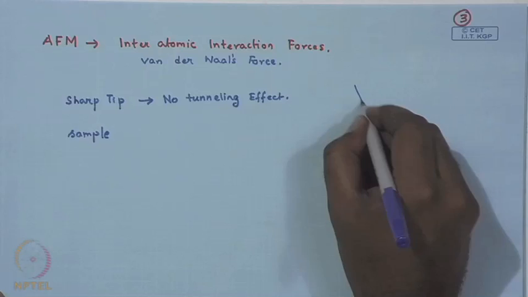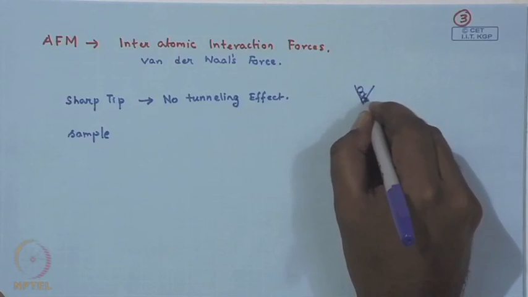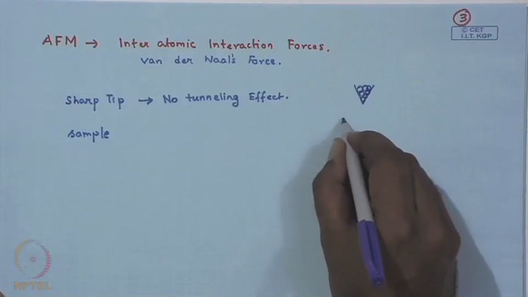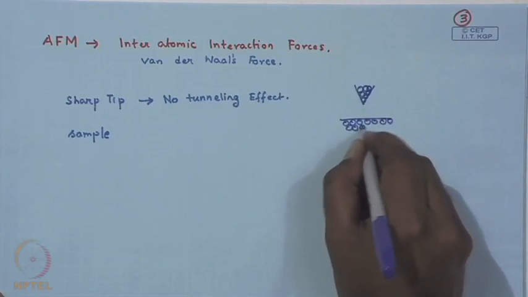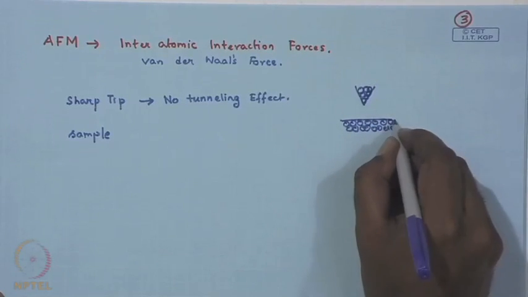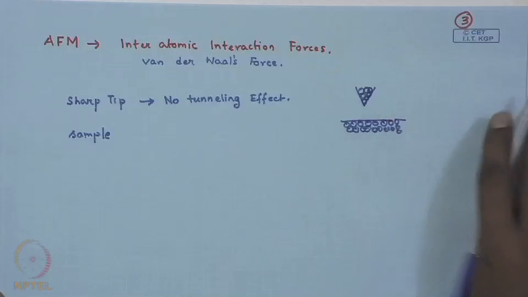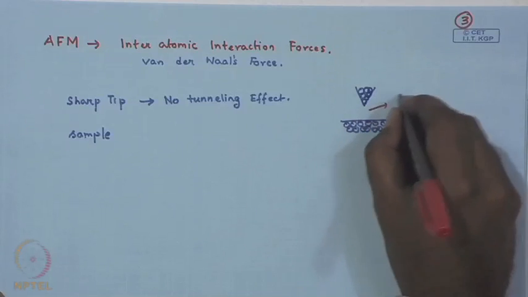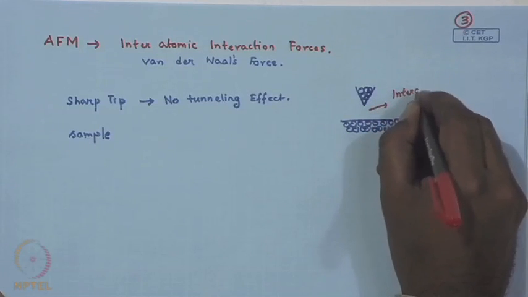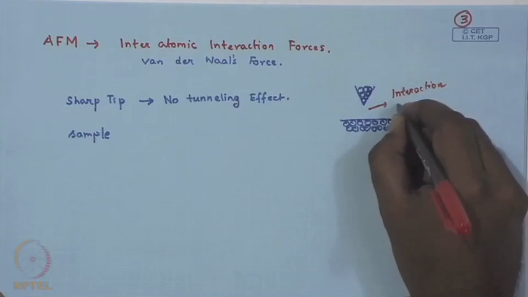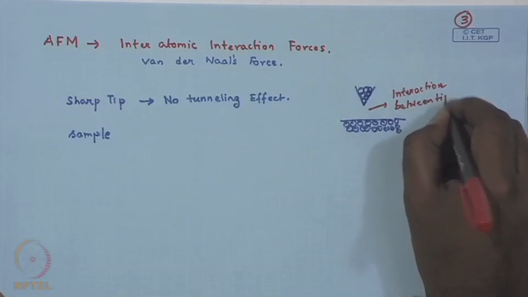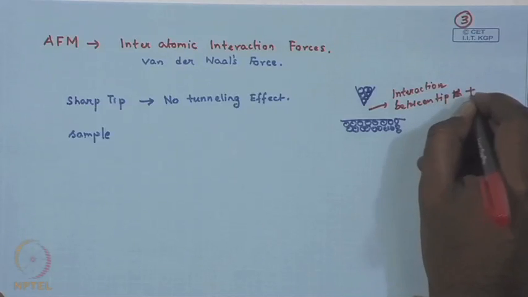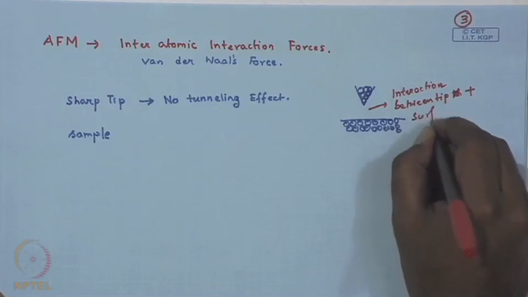So, here you have a tip. So, here you have molecules, and here you have the surface molecules. Okay. So, the instrument essentially works based on interaction between the tip and the surface.